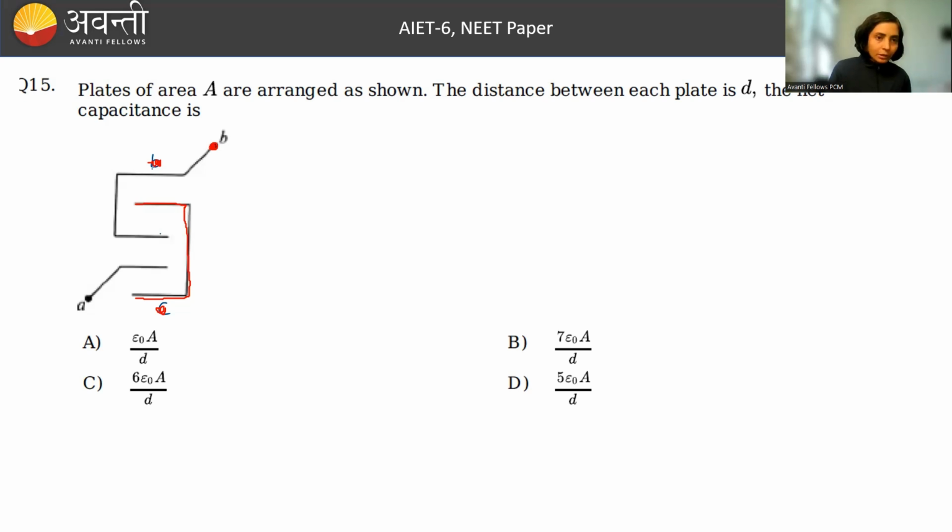Okay, so this is point B, and from point B this whole thing is coming out. Done. So this plate will have same potential as this plate, and its potential will be equal to potential of B.